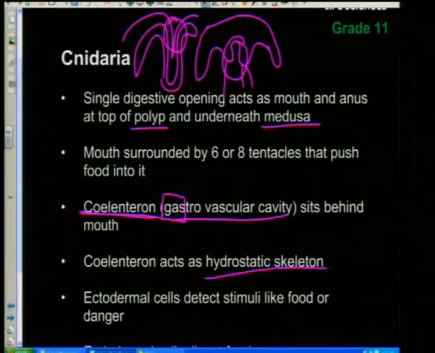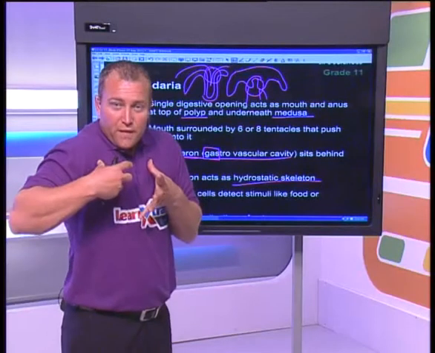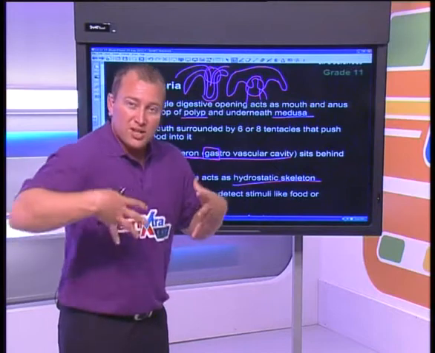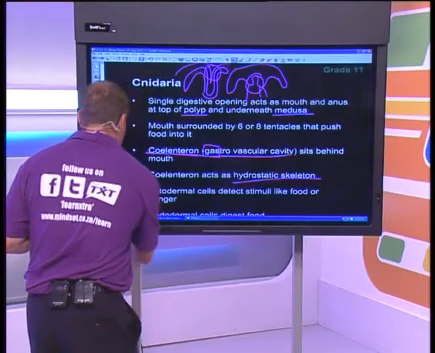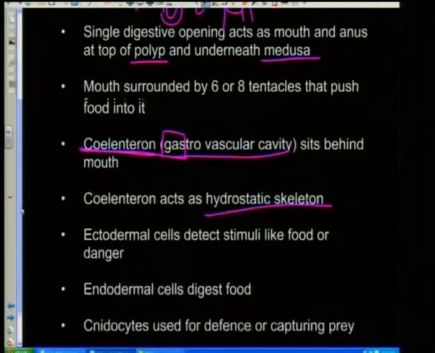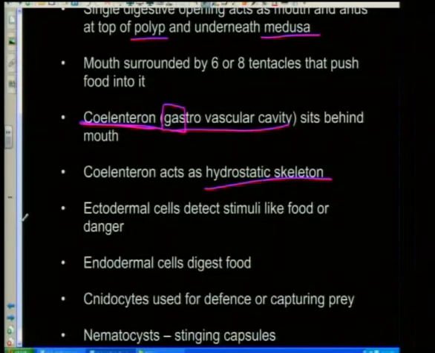There it is, hydroskeleton. Now that bag, what it actually does is it fills up and it pushes the water to make it nice and strong and hard. So that is the hydroskeleton. Now let's look at it. The endodermal cells digest food, and the ectodermal cells detect food or danger.